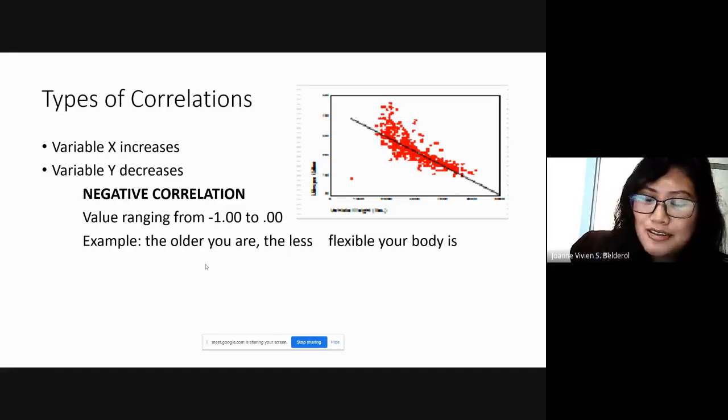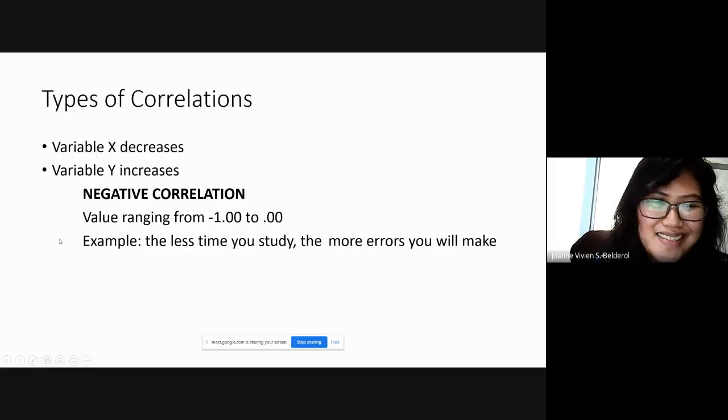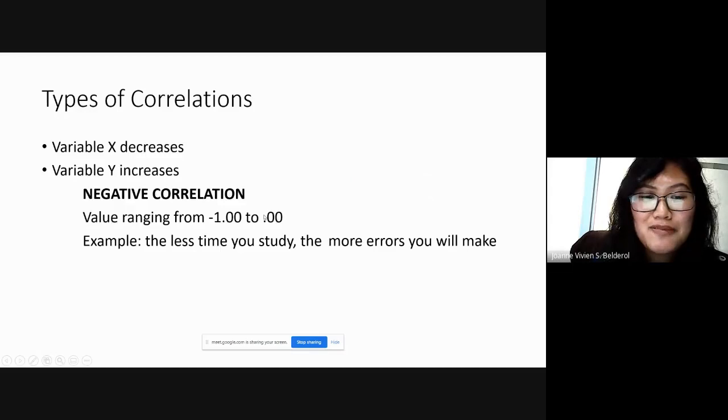None? Wala pa? Sige. So kini siya, same gihapon negative correlation. Mawa ni mga negative tungod sa number, no? Basta negative yung sign, that's a negative correlation. Pag positive yung sign, positive. So for example, negative correlation gihapon, the less time you study, the more errors you will make.